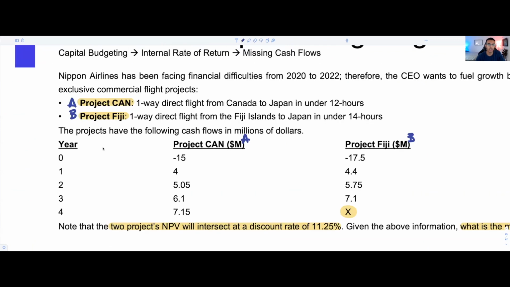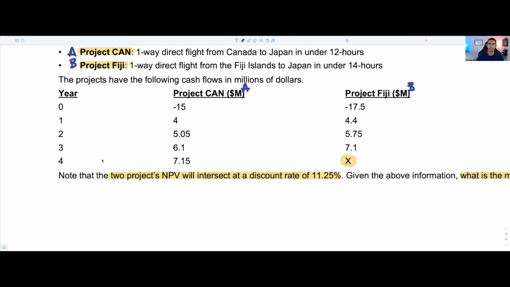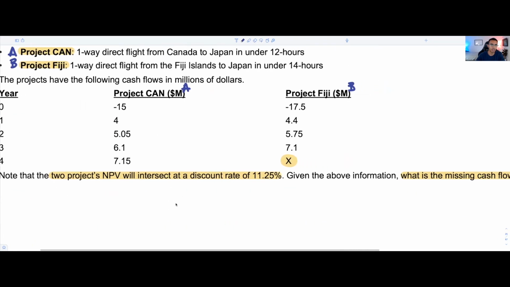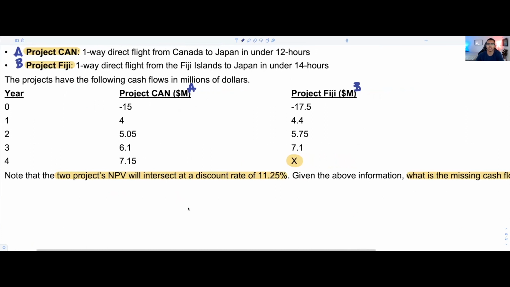Okay, so we're going to do this. We're going to zoom in. We're going to look at the difference between these two projects. Okay, so I'm going to add a little column in which we're going to look at the difference between project B and project A. Remember, this is us trying to follow the incremental cash flow method.